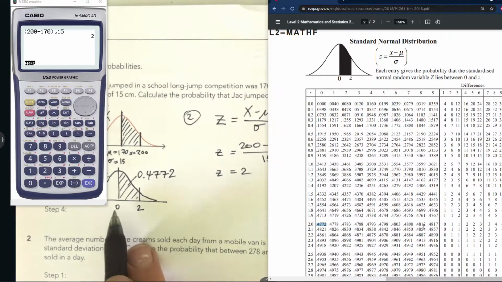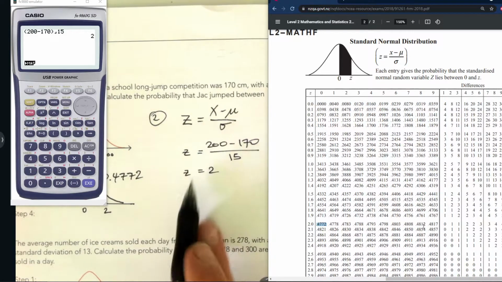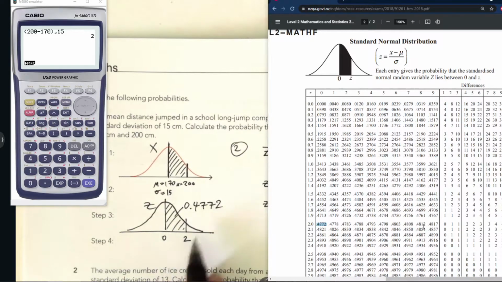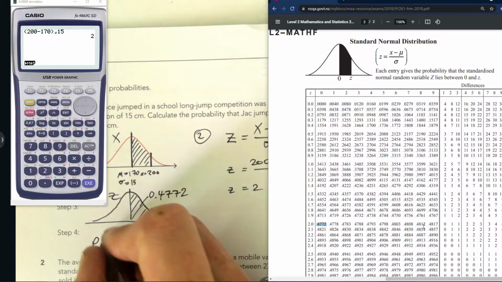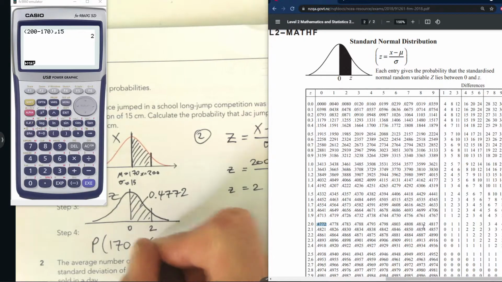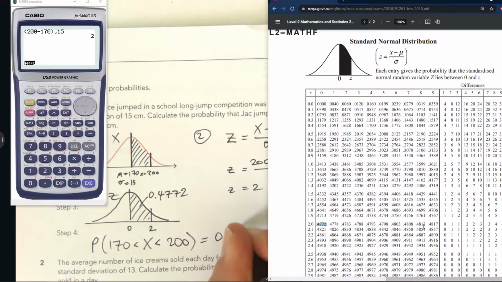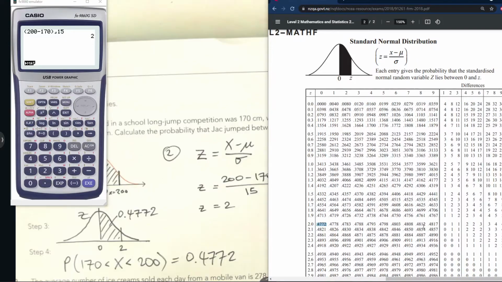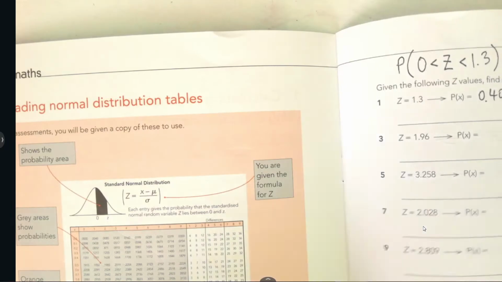I'm totally not following how the book wants you to do this. I think this is a more logical way though, so it will be more helpful. We found a Z value first, and then I draw it on, and then I find the probability. So the probability that she jumps between 170 and 200 is equal to 0.4772. Let's see what else I missed from how they want me to do the book.